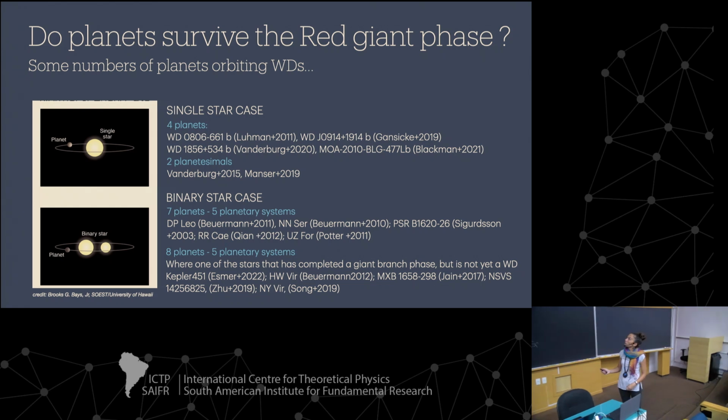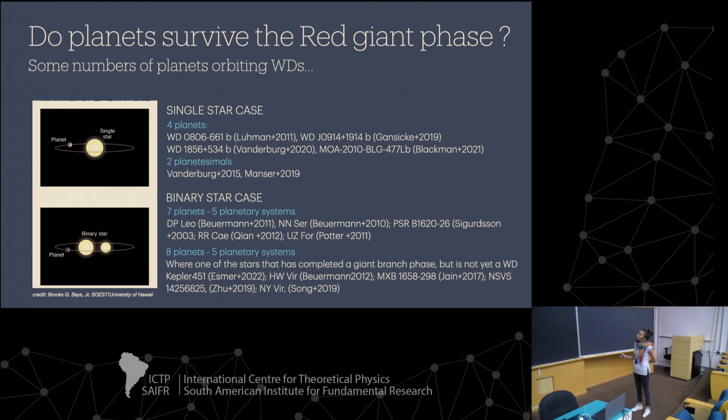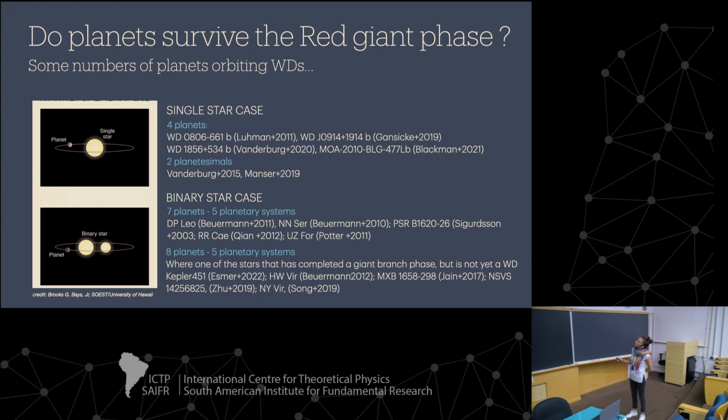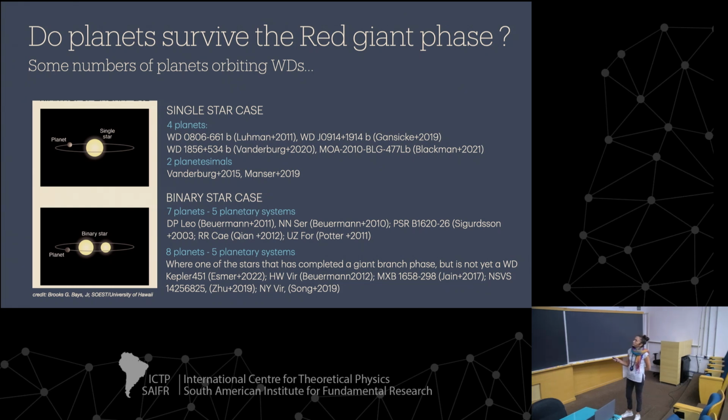Yes, we can. We have 4 planets that have been found, apart from 2008, but okay, fine. That one was very far away, so I don't know why it wasn't so interesting at the time. We have 4 planets around a single star. We have 2 planetesimals. What are planetesimals?